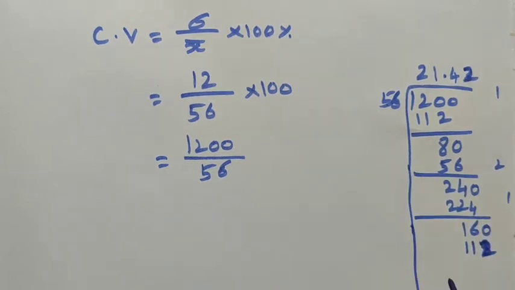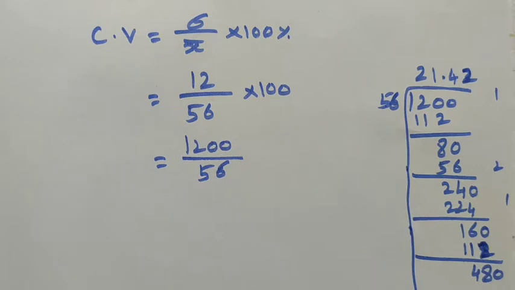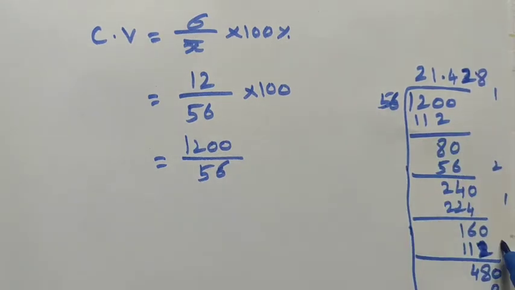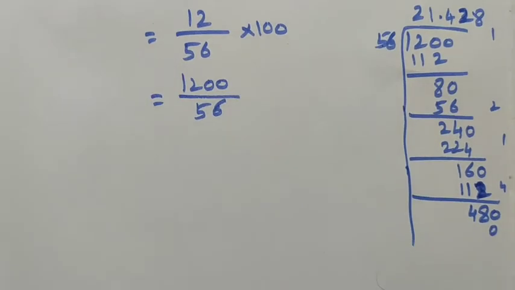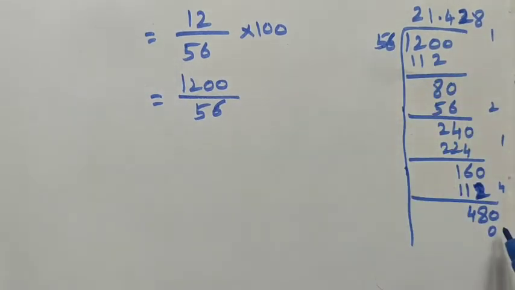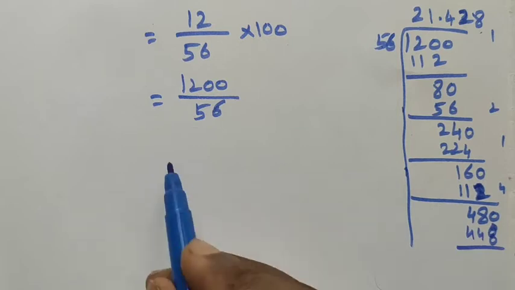When you subtract this, we get 48, and then add on 0. Here we get 8 times is possible clearly. 8 6s are 48, 8 remainder 4, 8 5s are 40 plus 4 is 44.